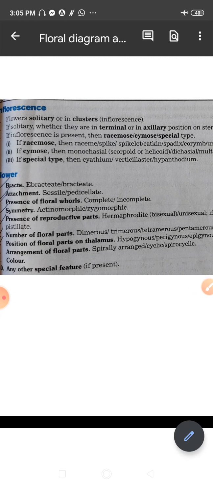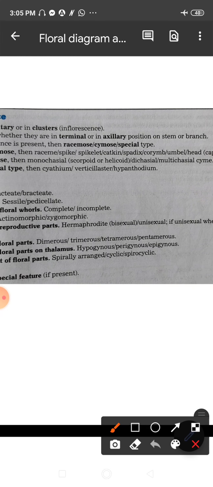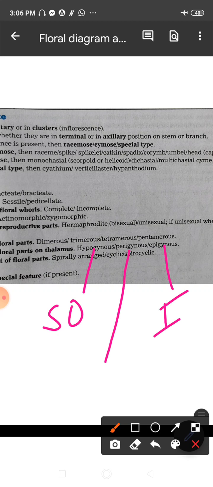Then the position of the floral parts on the thalamus, we talked about 3 types. We talked about hypogynous, in which we discussed that the ovary is superior, right? Then we talked about epigynous, in which we said the ovary is inferior. We talked about perigynous, which is half inferior, right?